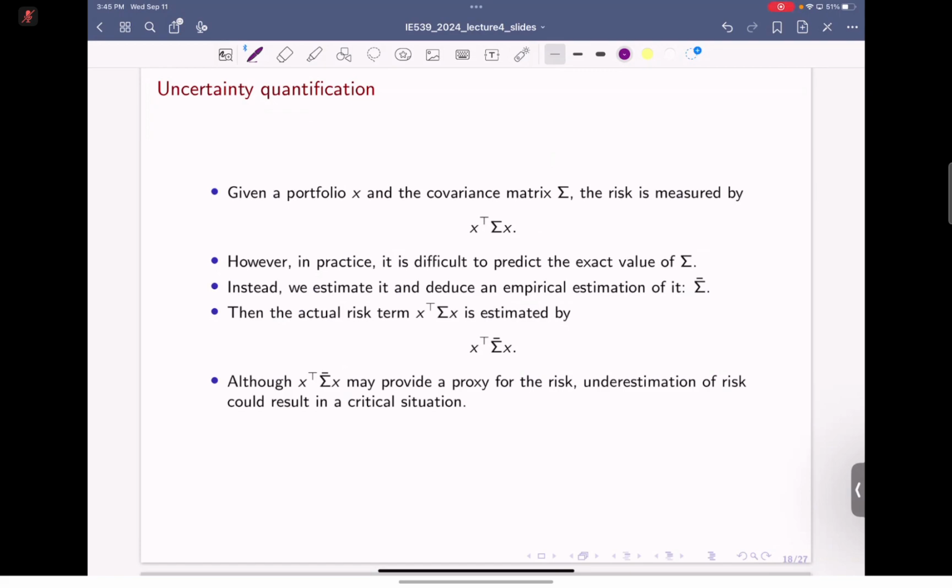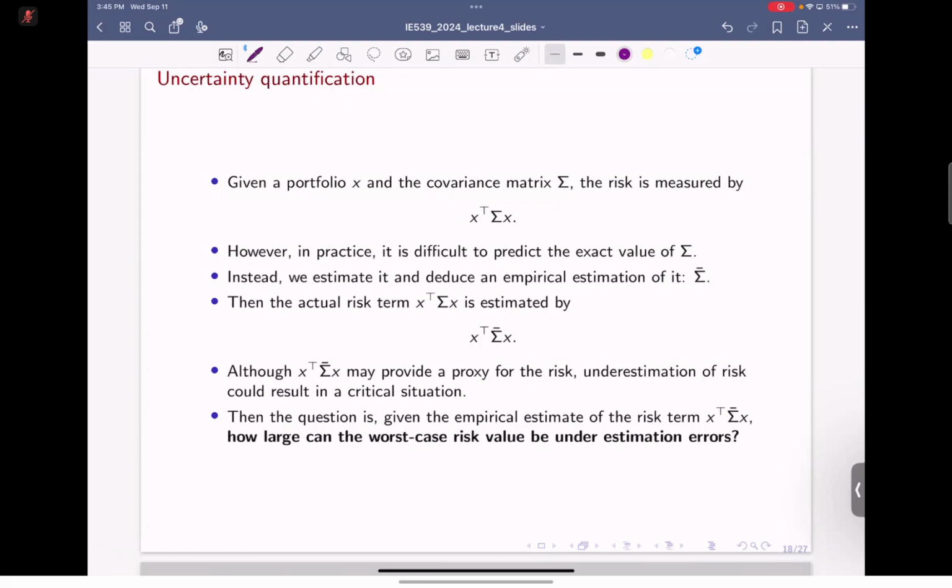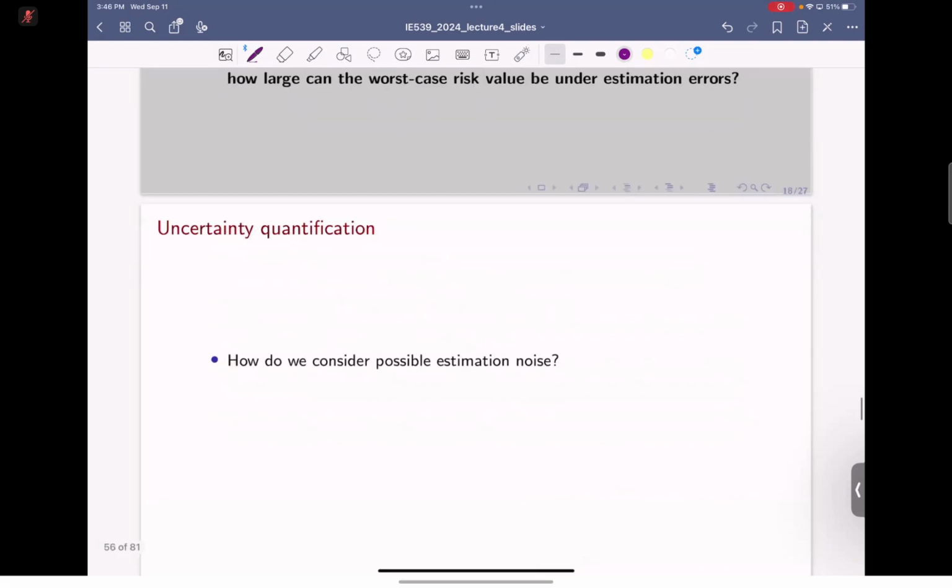That is the idea behind uncertainty quantification. I know that sigma bar is close to sigma, and using this information, can I build a portfolio that's safe against the worst-case scenario? Maybe sigma bar is far from sigma, but even in the worst case, can I guarantee that my portfolio is good enough? That's the idea behind it.